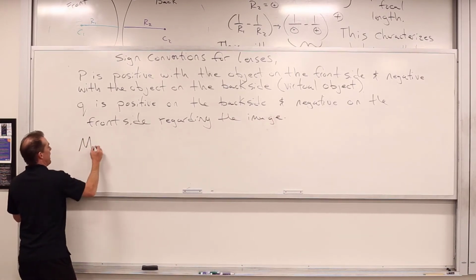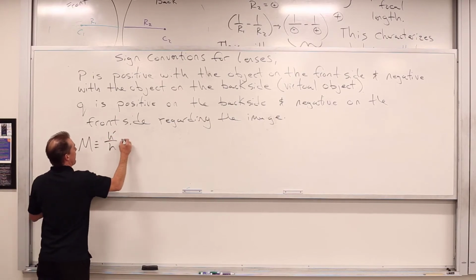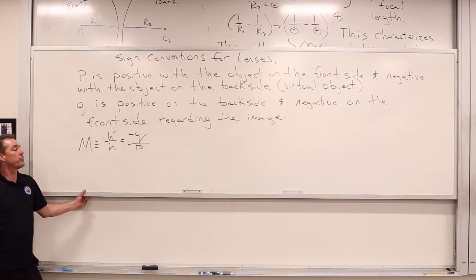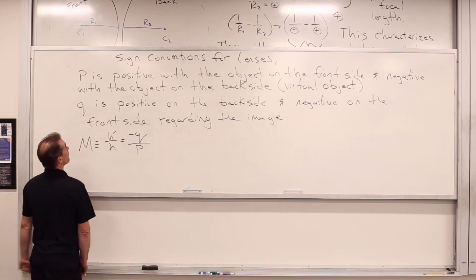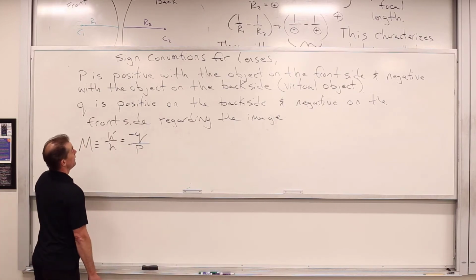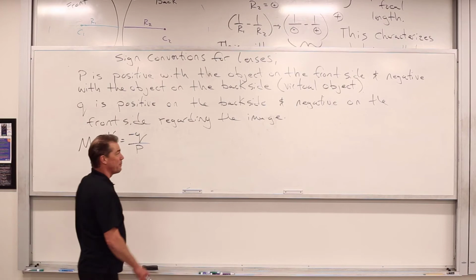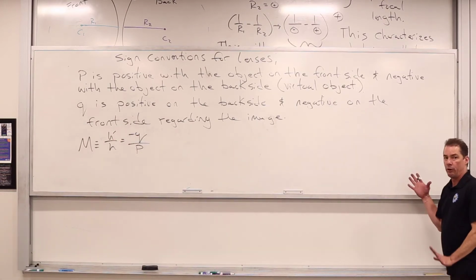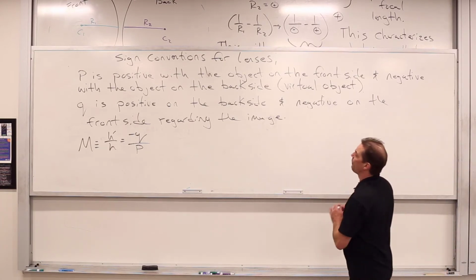Then we still have M, lateral magnification, defined as H prime over H, which in the case of lenses is equivalent to negative Q over P. So that's familiar with respect to lenses. So that's really it for the sign conventions. In terms of virtual objects, again, we'll deal with that a little bit later. With single interactions, there are no virtual objects. Objects are real, and it's just a way of treating compound systems.